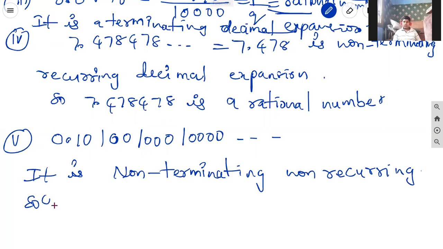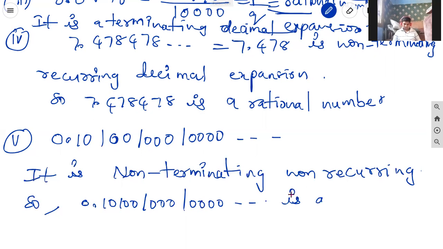So 0.10 100 1000 is an irrational number. Okay.